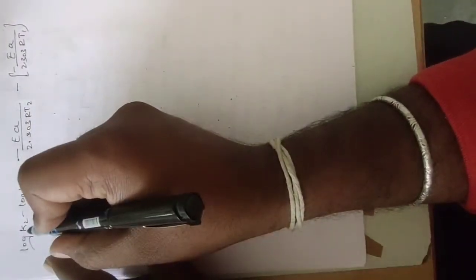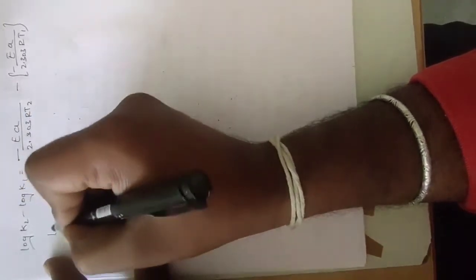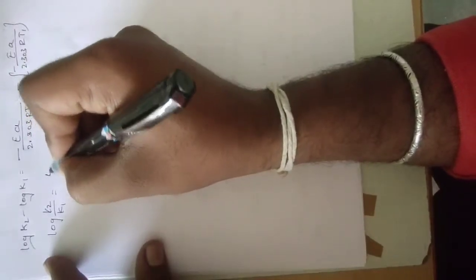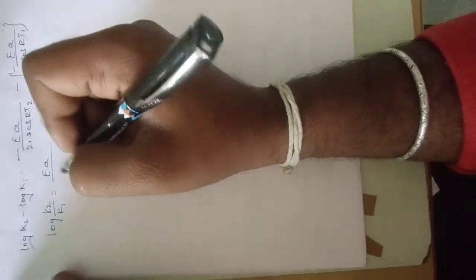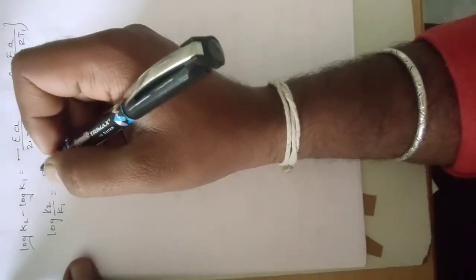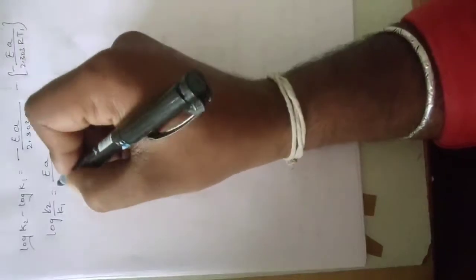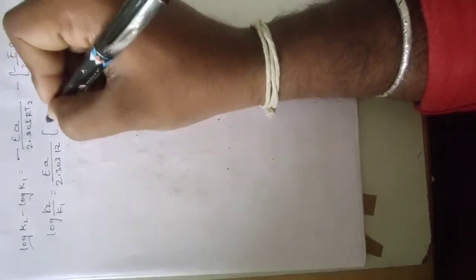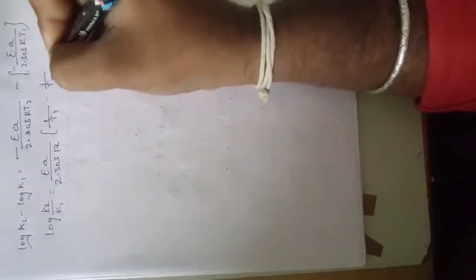We can write log m minus log n as log k2 by k1. If we remove the constant terms on one side, it becomes log k2 by k1 is equal to Ea by 2.303 R into 1 by T1 minus 1 by T2.